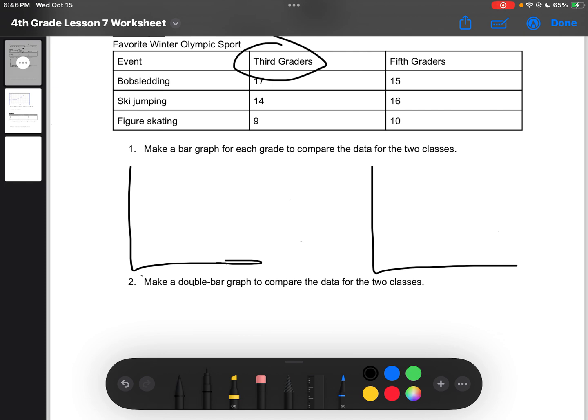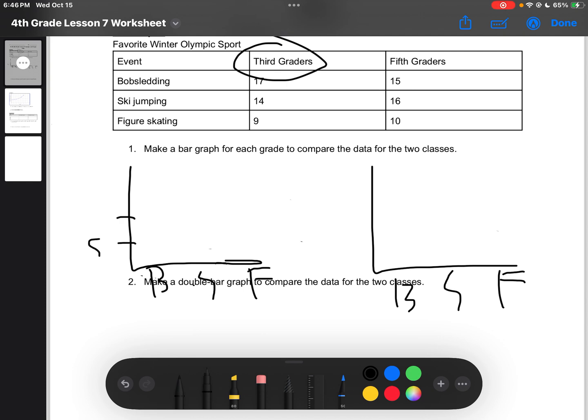For 3rd graders, we have bobsledding, ski jump, and figure skating. I'll just be using the first letters, so BSF. 3rd graders, there are 17 in bobsledding, ski jumping there's 14, figure skating there's 9. A good way to split this up will be by 5.